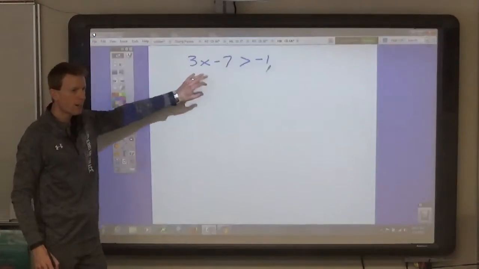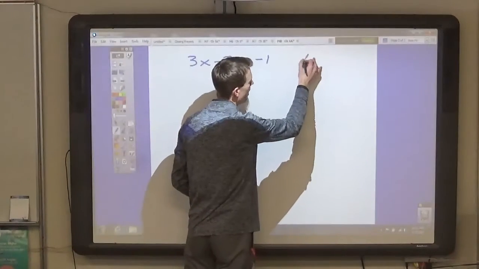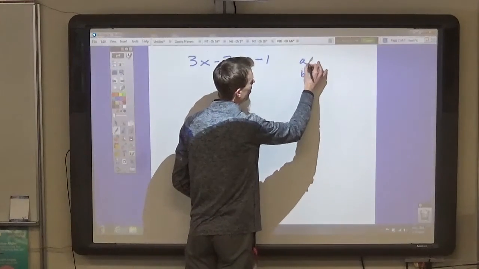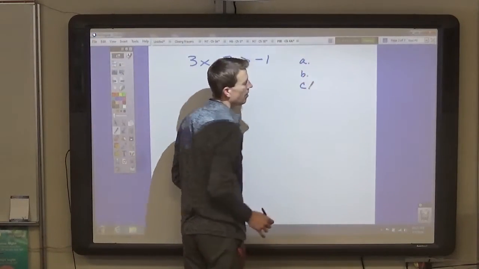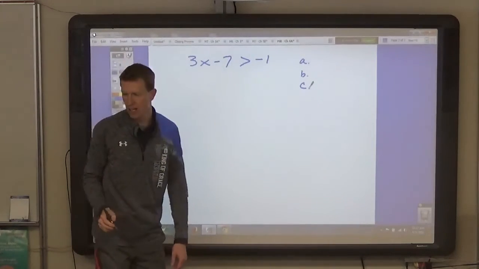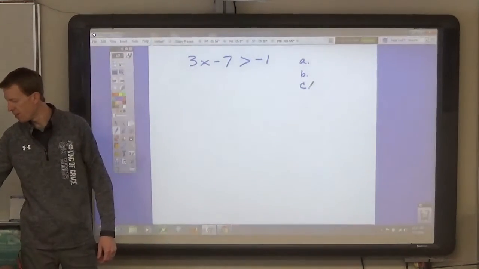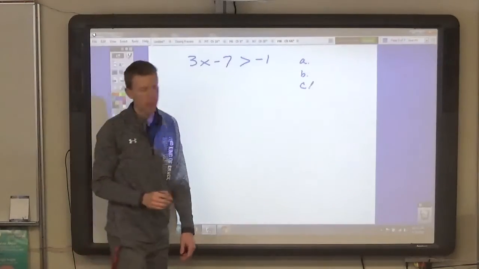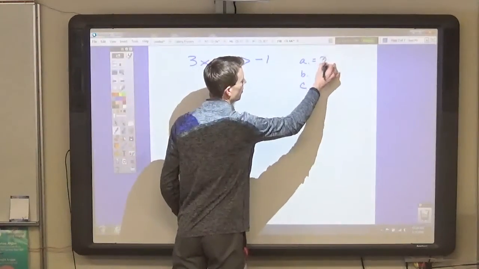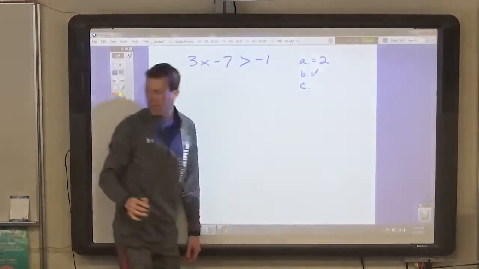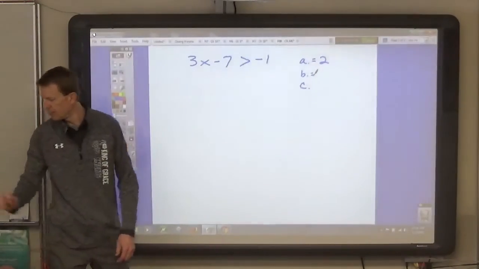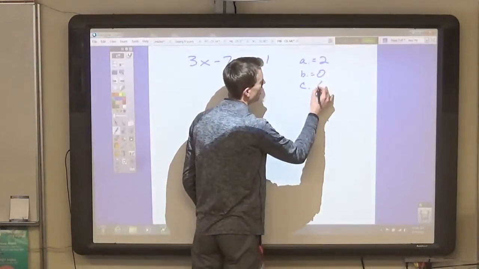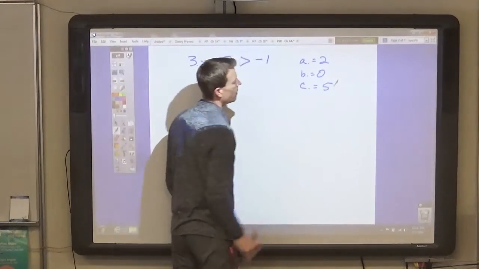And it says to check the solutions for A, B, and C to see if they are true. That's exactly what you did in this one. Where A is 2, B is 0, and C is 5.